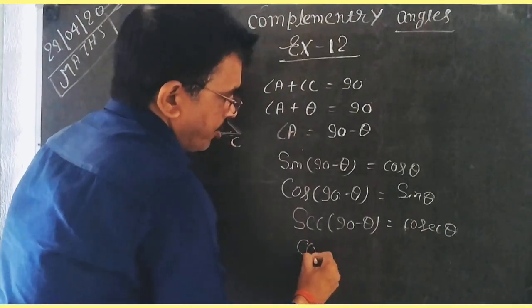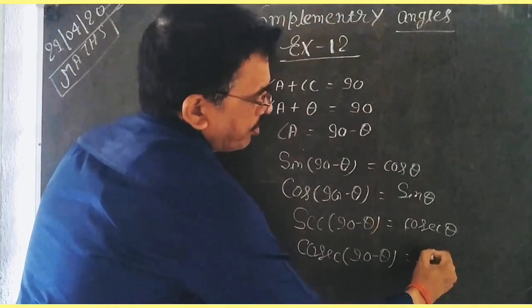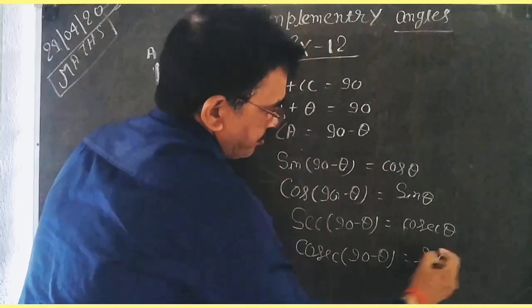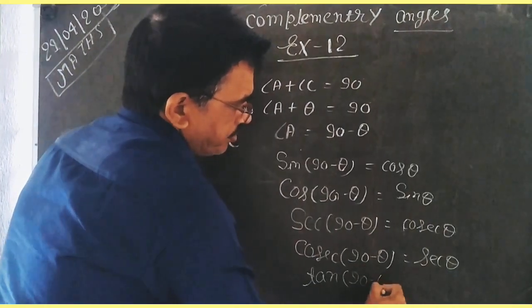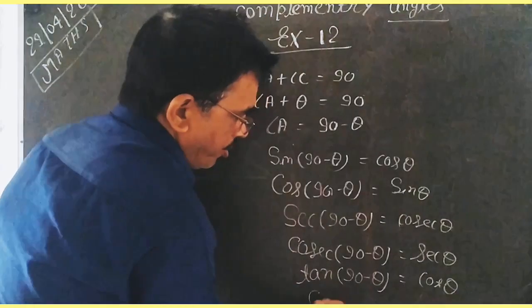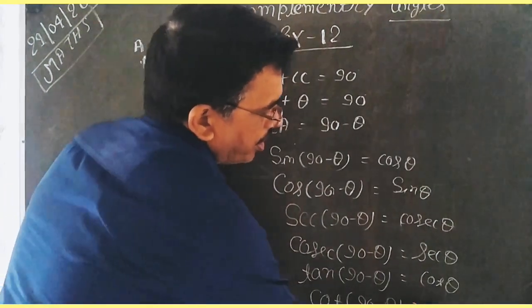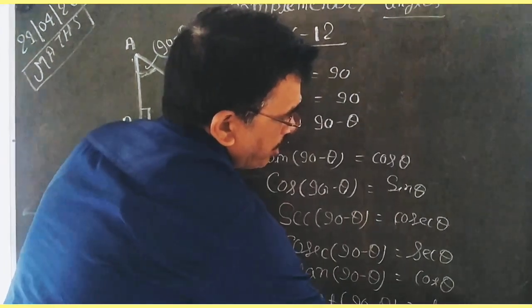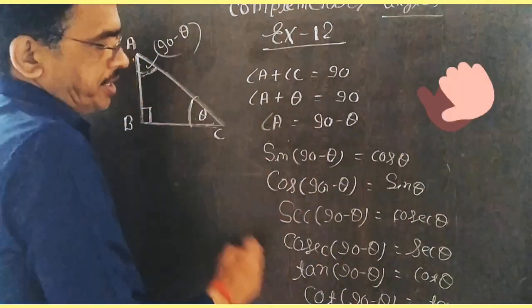And cosec 90 minus theta is equal to sec theta. Tan 90 minus theta is equal to cot theta. And cot 90 minus theta is equal to tan theta. There are 6 formulas, so first remember them.